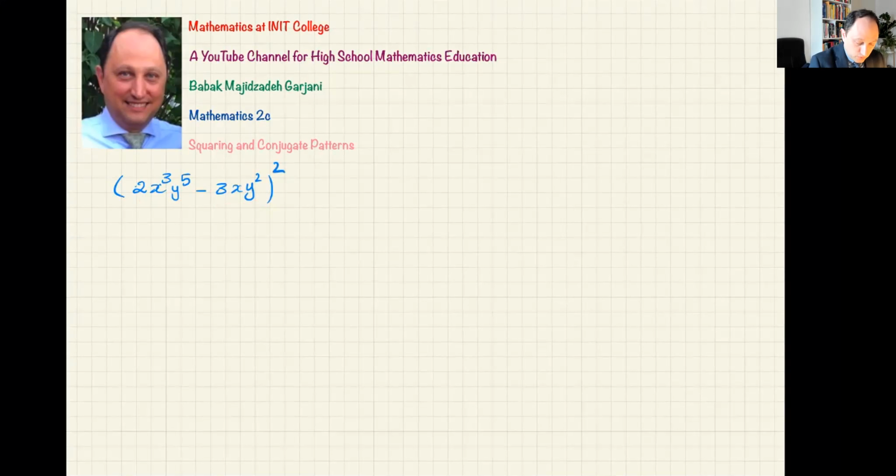Okay, so what should I write? I should square the first one, and then because this sign is negative, I should write -2 times the first one times the second one.